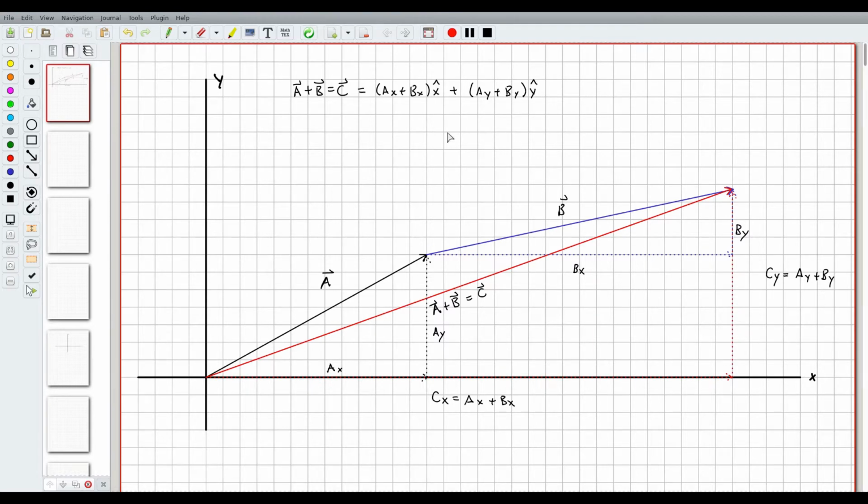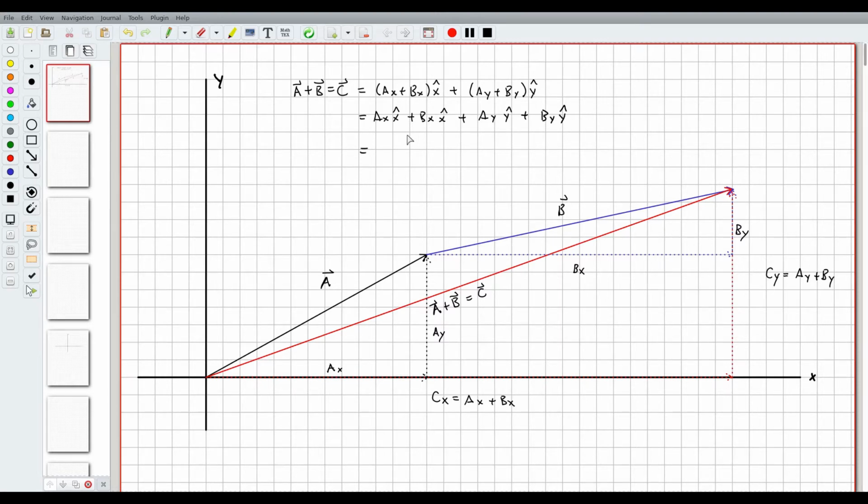Now, watch what happens when I multiply these things through. AX x-hat, plus BX x-hat, plus AY y-hat, plus BY y-hat.